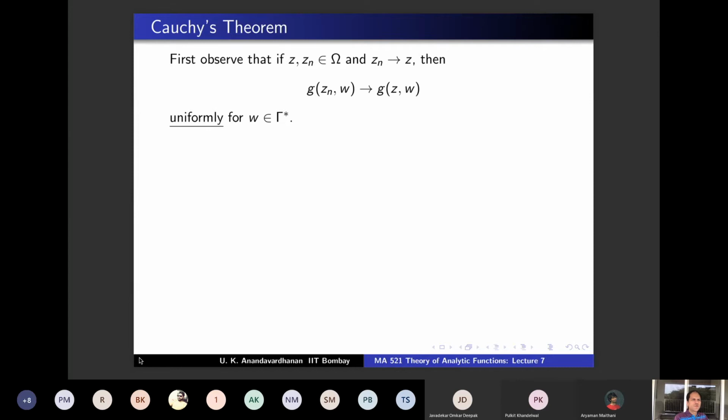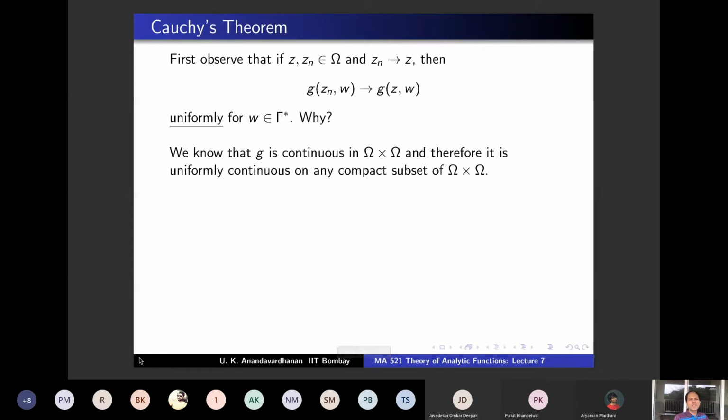The delta that you choose will not depend on W. So it's uniform across omega. Okay. So why is that? Essential point is, that continuity is automatically uniform continuity on some nice subsets. If you have a function which is continuous on a compact set, then it is uniformly continuous. So that's what we are going to use. So on any compact subset of omega cross omega, automatically G is uniformly continuous.